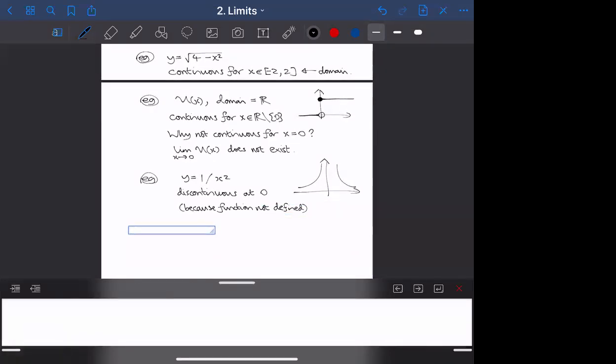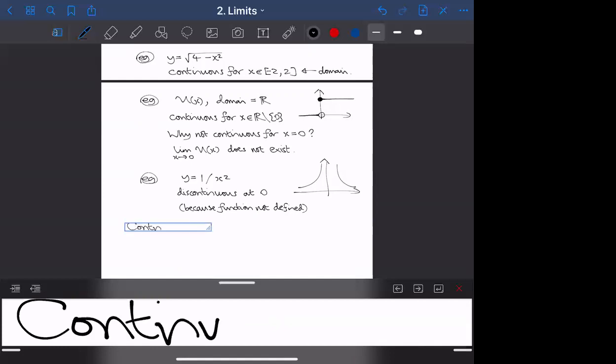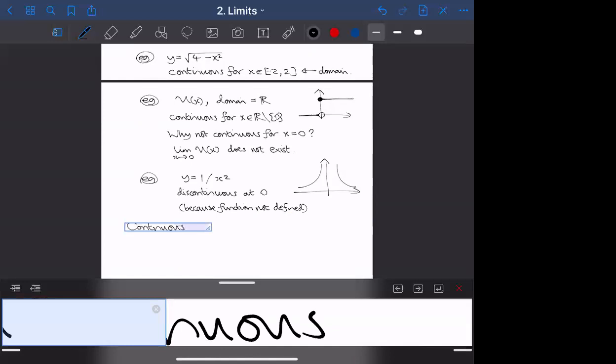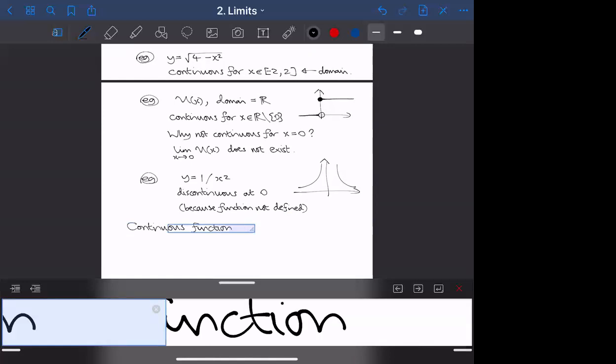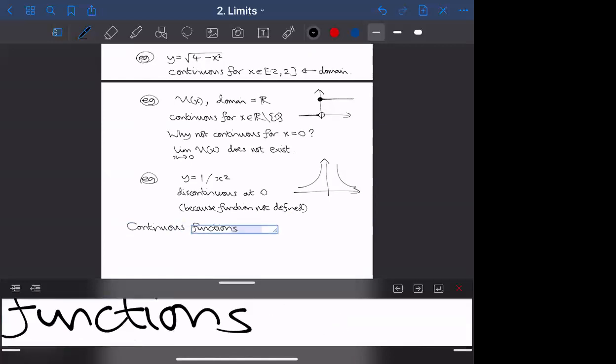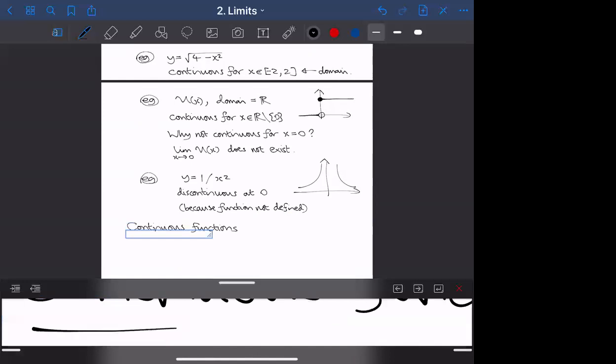Okay, so we've talked about how a function can be continuous at a point or not. We also talk about a function being continuous. And this matches with our idea that you can draw the graph in continuous motion without lifting the pencil from the paper.